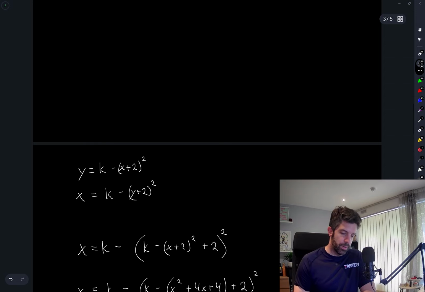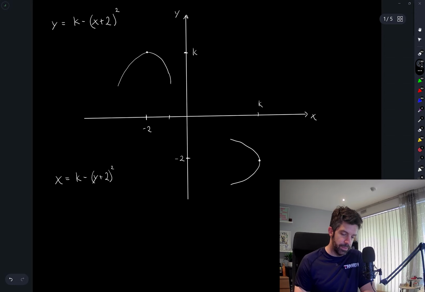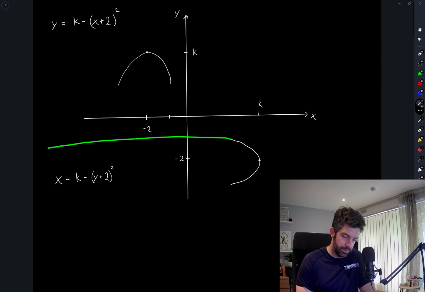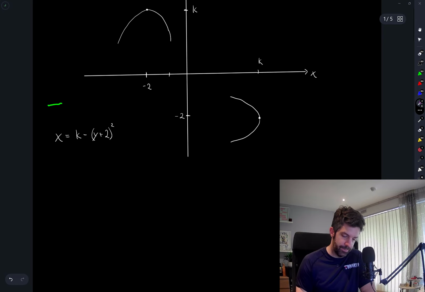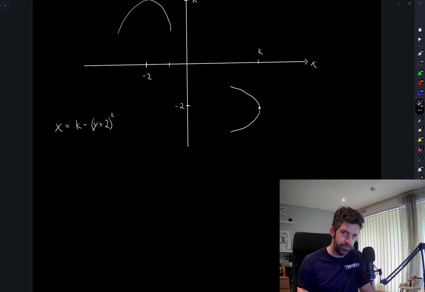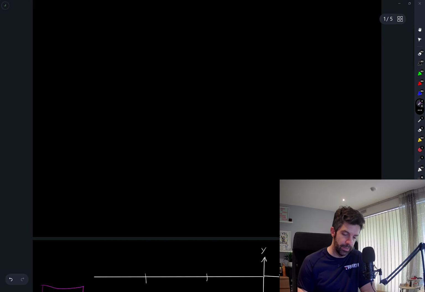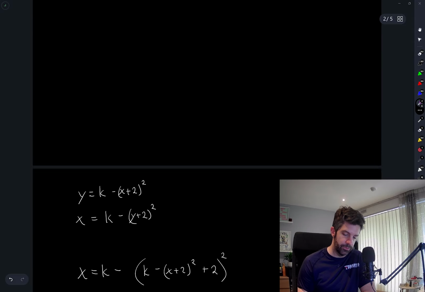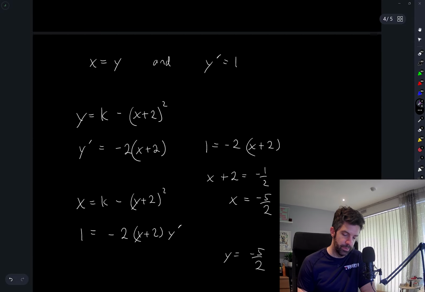There could be more intersections between these things. These two parabolas will intersect along this line, but they will have other intersections not on that line. Like we'll have an intersection somewhere over here. But if they intersect tangentially, then I think this pretty much has to be true.